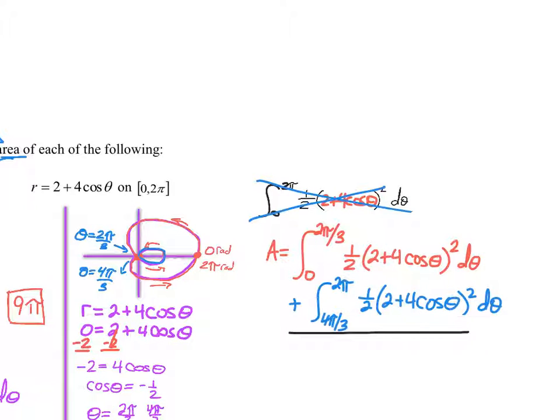And we're going to get the sum of that, and we're going to ignore the inner loop. We're going to pretend it's not even there, because all we would end up doing if we found the area from 2 pi over 3 to 4 pi over 3 is double counting it anyway.